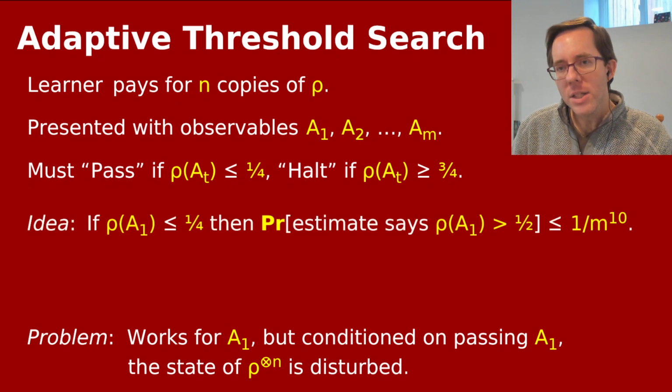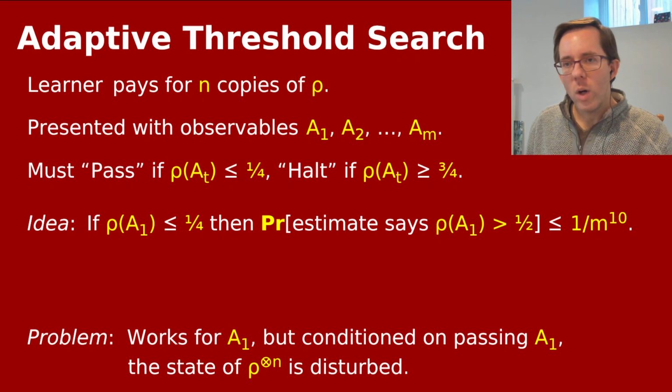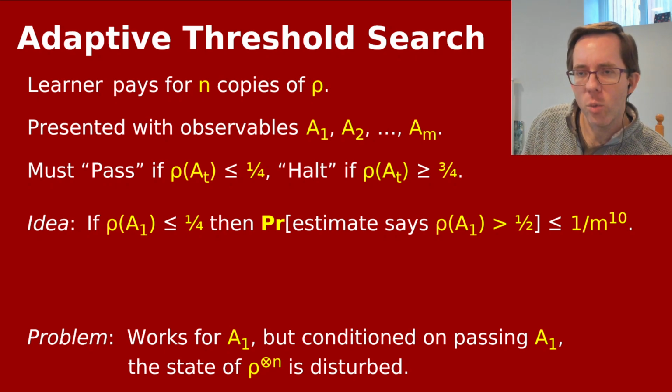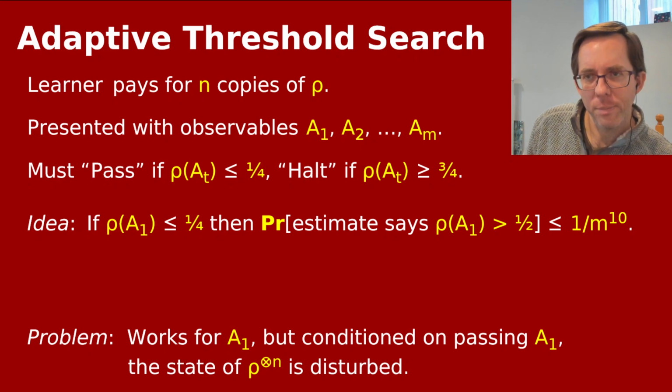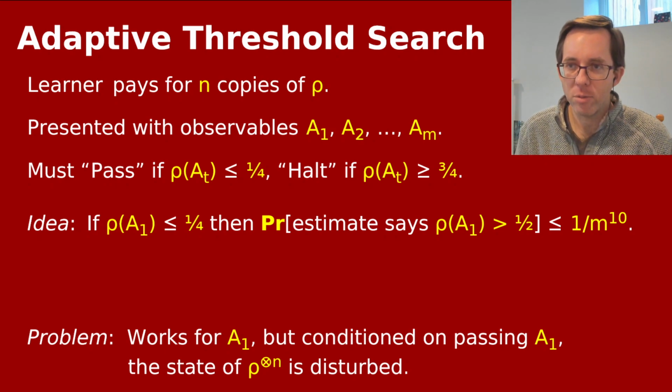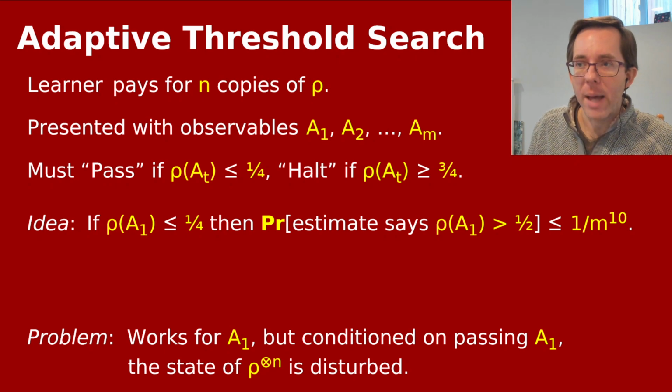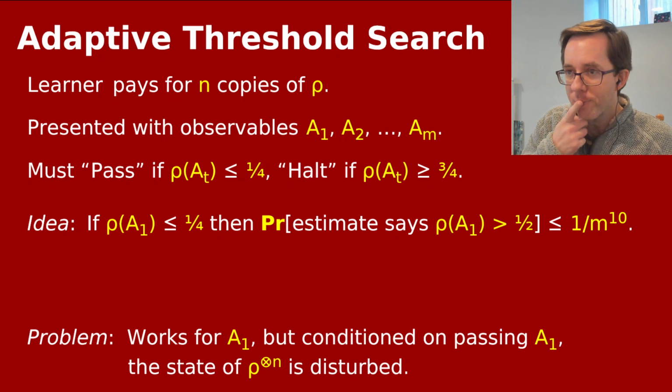Now, let's talk about some idea in the direction of improving this. Let's imagine that rho of A1 really is smaller than 1/4. Let's call that a must-pass observable, because you have to say pass to it. Well, 1/4 is quite far from a half, which is the threshold you're actually using.